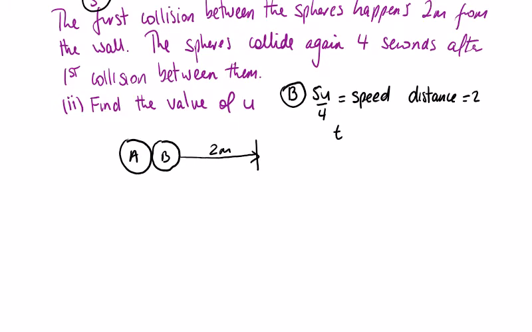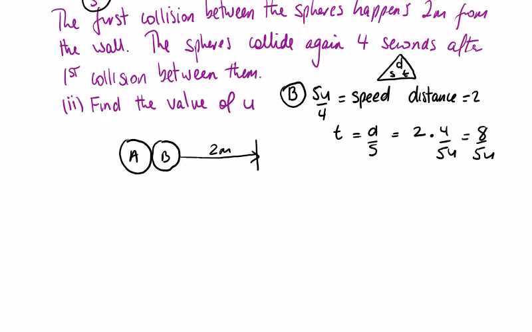We know the time with your DST triangle. Time is distance over speed, which is equal to 2 divided by 5u over 4, or multiplied by 4 over 5u. So the time is 8 over 5u. So that's the time it takes B to get to the wall in terms of u.